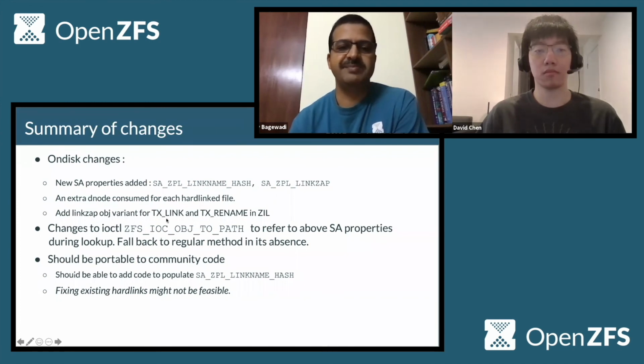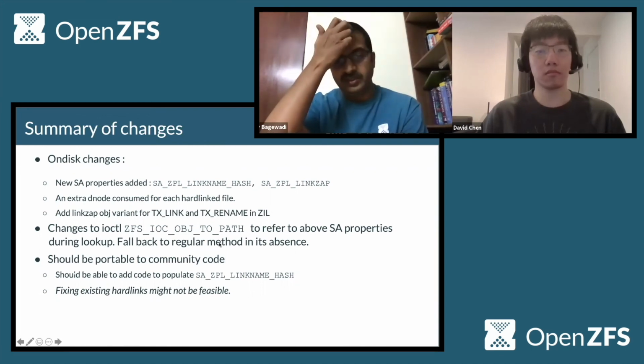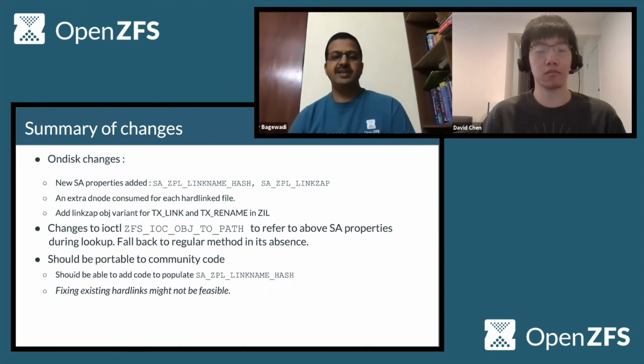Then there's some change in the ZIL where we had to handle the additional properties that we are passing in for the hard links, and some changes in the ZFS IOCTL. So in summary, we should be able to bring it to community with minimum amount of changes.